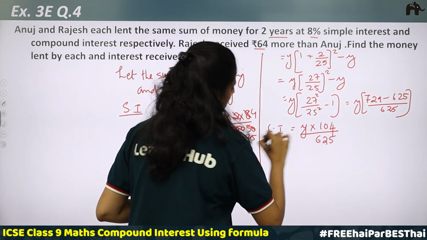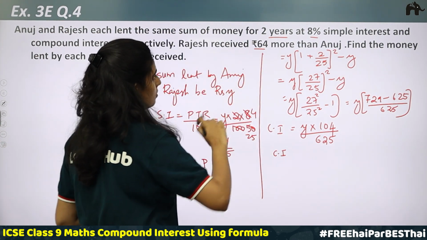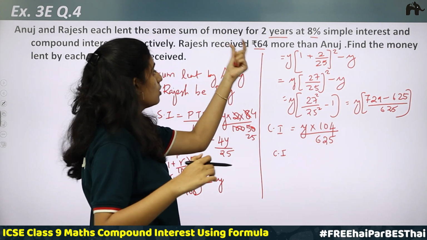Now the difference, we are given that it is rupees 64. Rajesh received rupees 64 more.